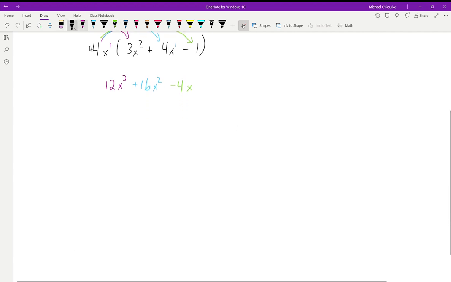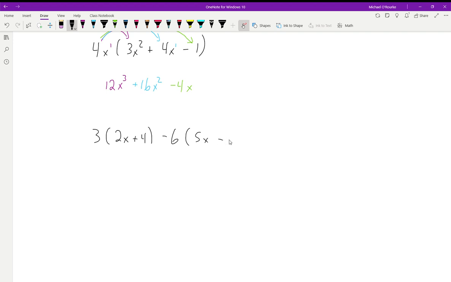Now if we had something where we had two sets of brackets, let's go 3 bracket 2x plus 4, minus 6 times 5x minus 3. Okay, so the only number that distributes in is the number that is directly attached to the bracket.